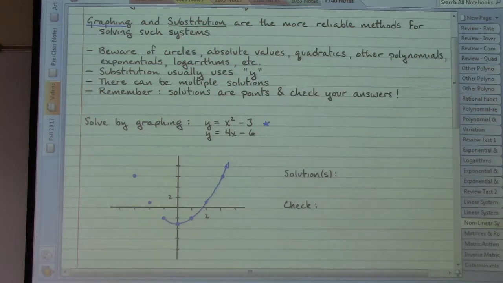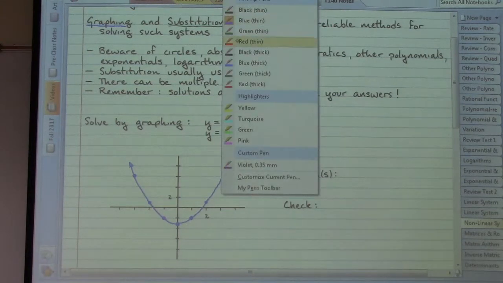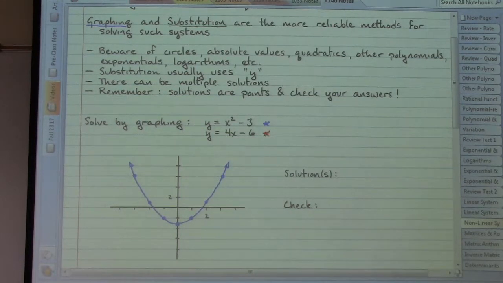So try to sketch that in as best as I can. Not too shabby.